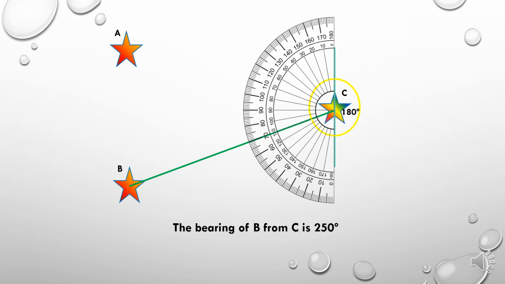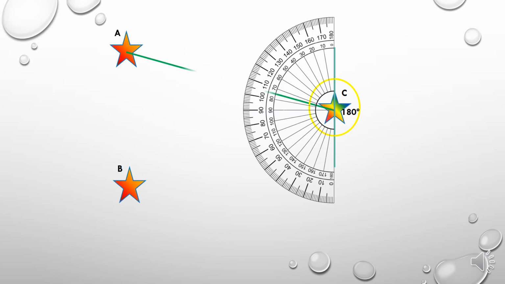Okay, calculate the bearing of point A from point C. Having already drawn our vertical line through point C and connected point C to point A and carefully placed our protractor on the vertical line passing through point C, the angle obtained right here is 105 degrees.